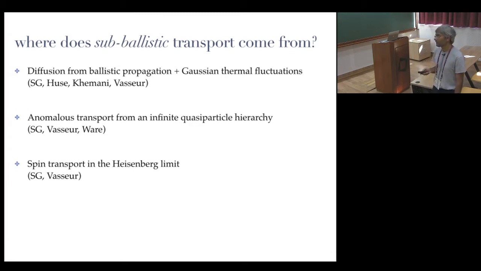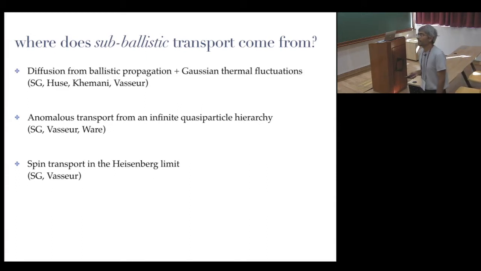Then I'm going to talk about an elementary solvable limit in which you can see various anomalous transport features showing up just because you have an infinite number of different types of quasiparticles. And finally, I'm going to talk about our theory with Raman of superdiffusion in the Heisenberg limit in terms of these simple kinetic pictures. Compared to previous versions of these stories you might have heard, this is going to be much more pedestrian and boring. I regard that as maybe a feature to some extent.